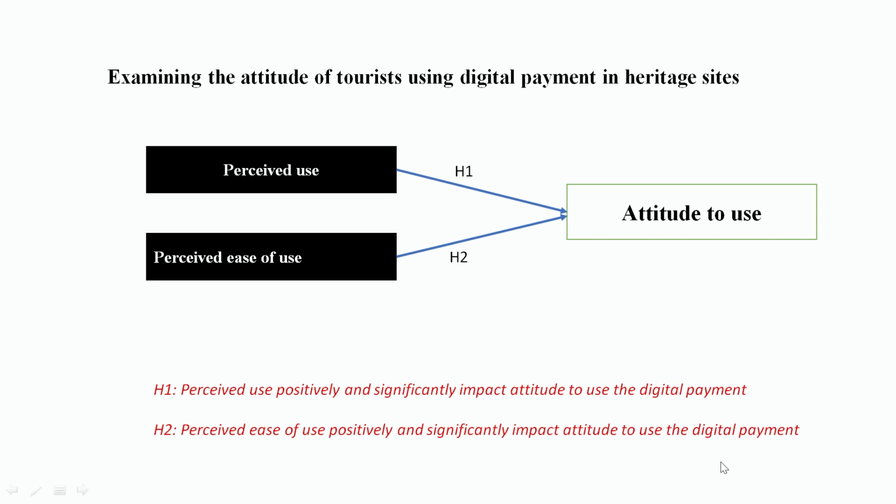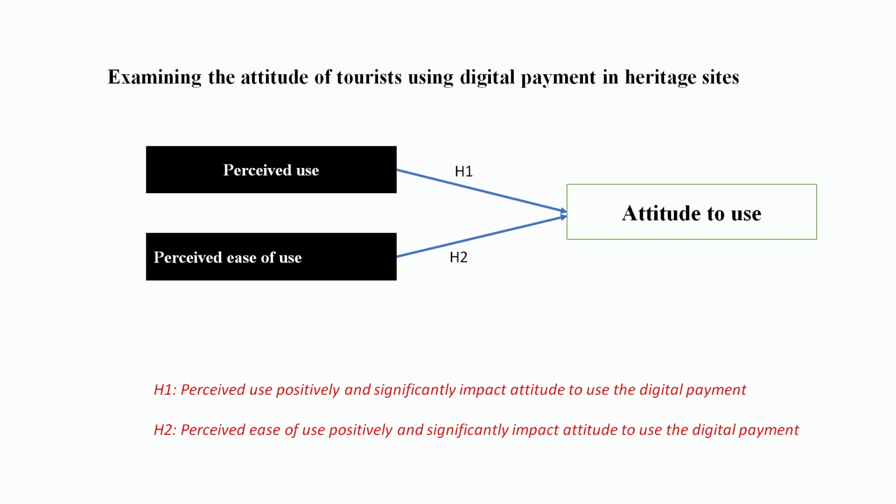I presented an example here, that is the attitude of tourists using digital payment in heritage sites. So, you might be visiting different heritage attractions. I would like to take the example of a World Heritage Site that is under the Archaeological Survey of India.